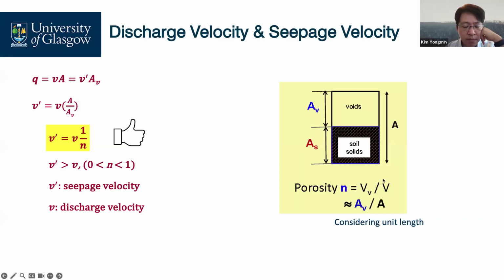The porosity is Vv over V, and it is also the same as Av over A. And the inverse relation is here. That's why the seepage velocity equals the discharge velocity times 1 over n, the porosity.